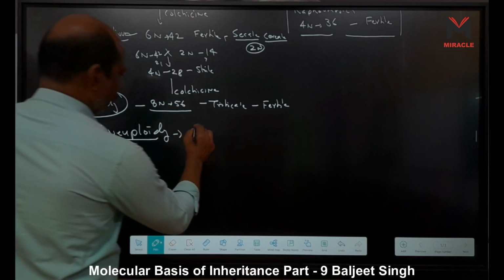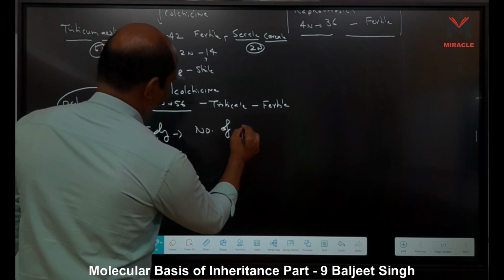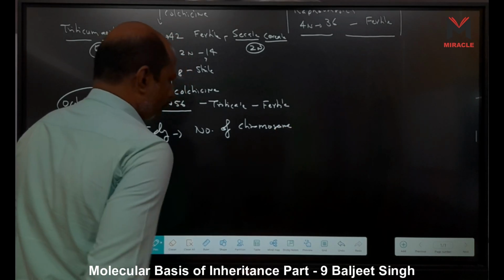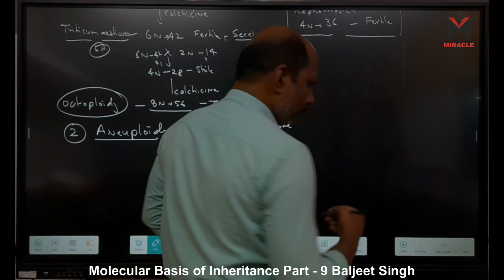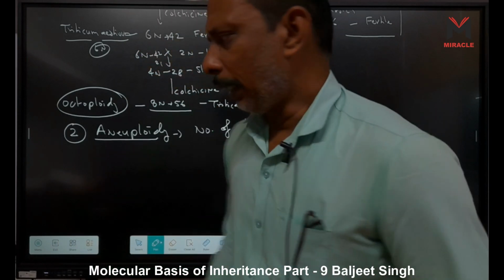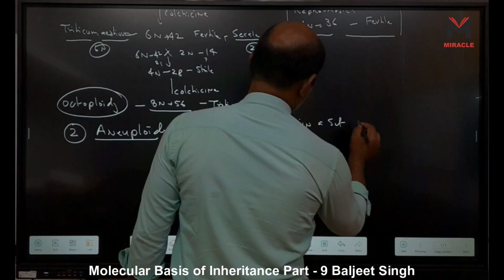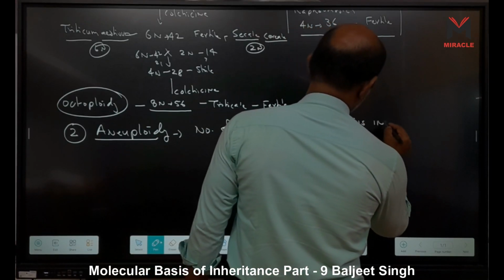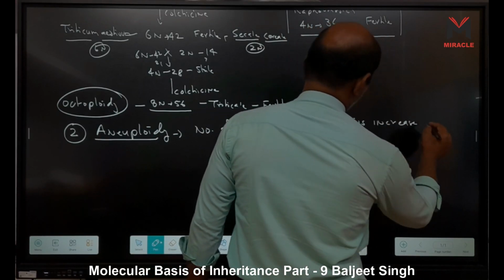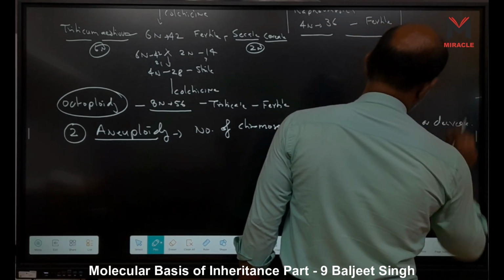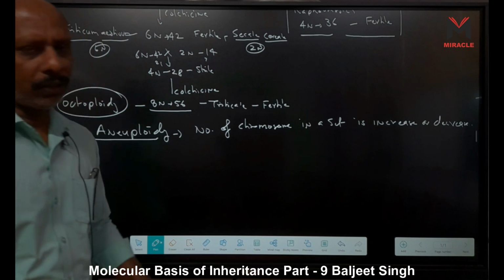Aneuploidy means when the number of chromosomes in a set is increased or decreased. Number of chromosomes increase or decrease.